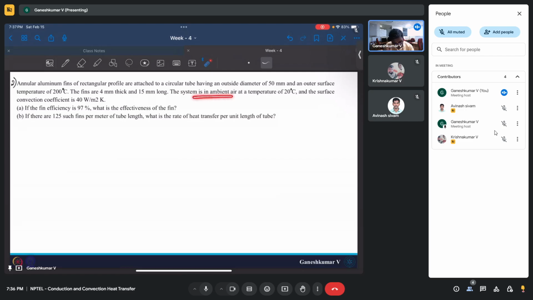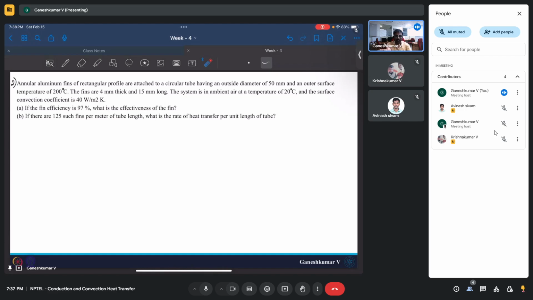The system is in ambient air at a temperature of 20 degrees Celsius, and the surface convective coefficient is 40 watts per meter square Kelvin. Okay. Now, if the fin efficiency is 97 percent, which means we need not worry about whether the tip is insulated or not.